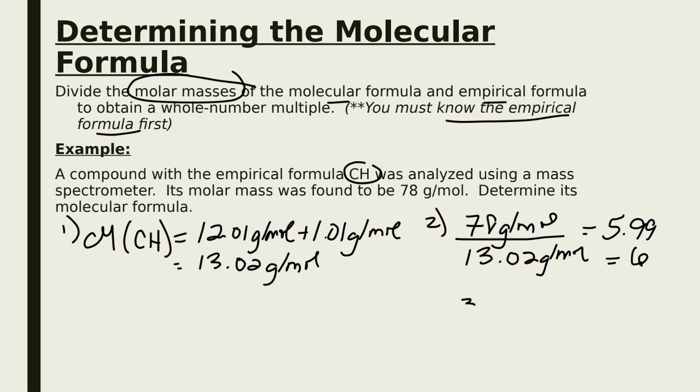Then we take that empirical formula of CH and multiply everything by 6, and we come up with a chemical formula of C6H6. So calculating the molecular formula is very simple. All the work is done in the empirical, and if you follow the steps that I gave you, you will not go wrong.